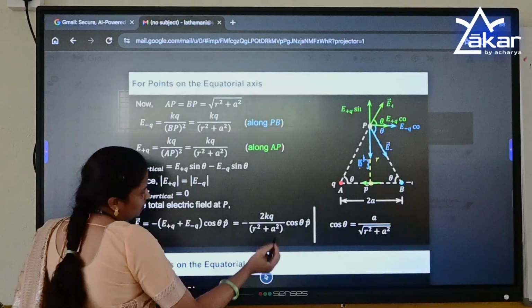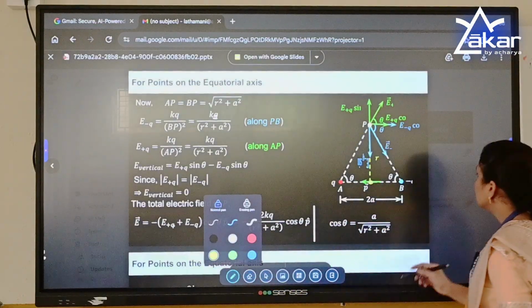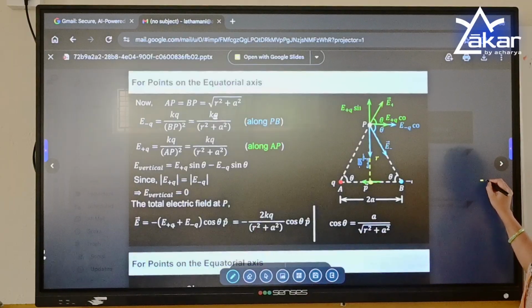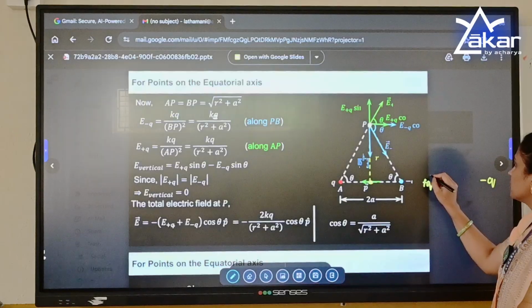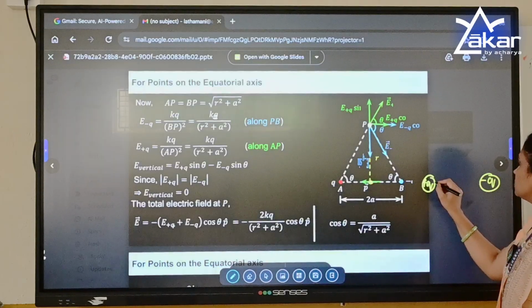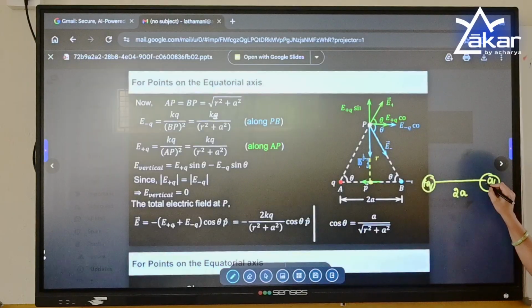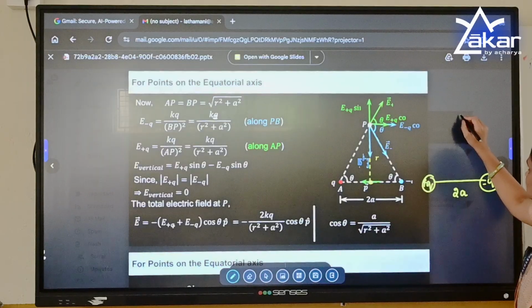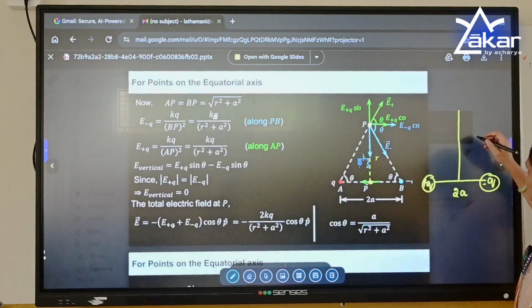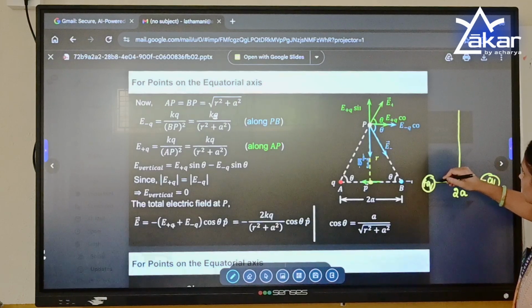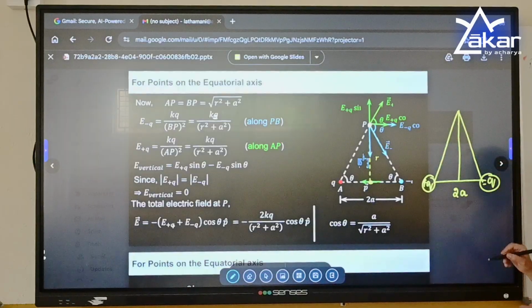How to resolve the components? I'll explain the diagram. So minus Q, plus Q. Now join the line; the distance is 2a. First make the bisector line, then join both the lines.